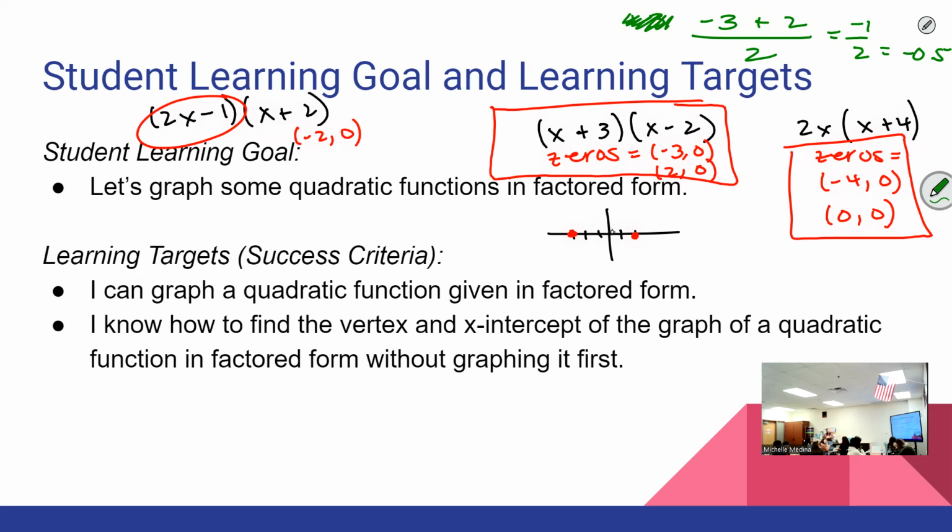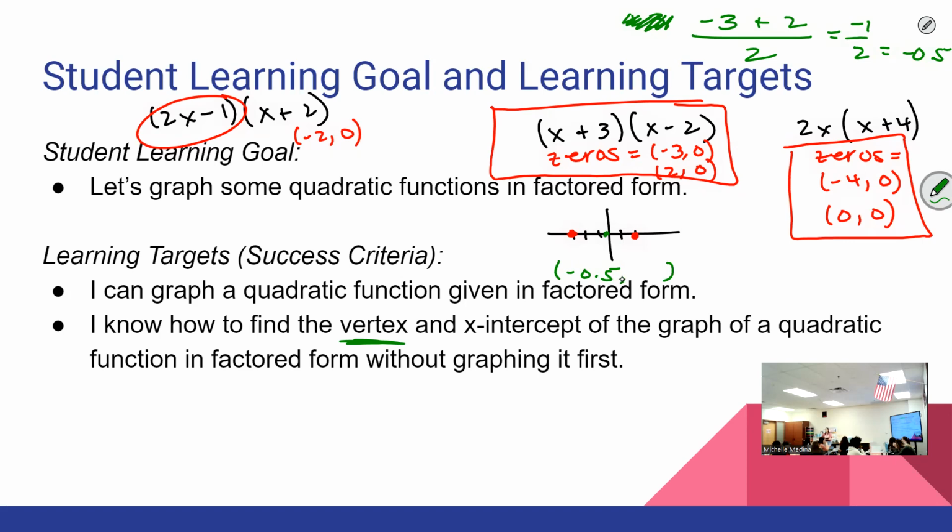That means my middle of my zeros is -0.5, like right here. So my x value of my vertex, which vertex would be like your turning point of the graph, when it's in factor form, I know it's -0.5.